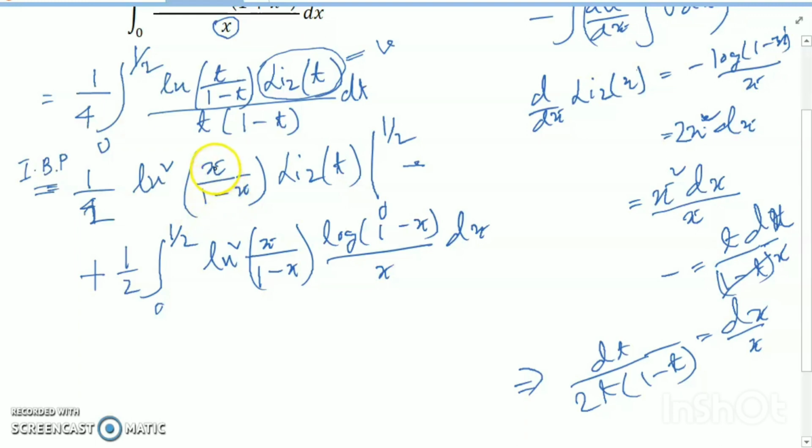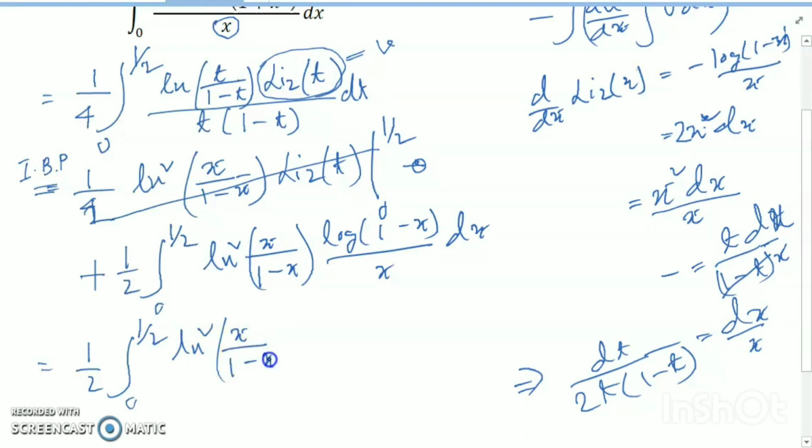So it is 0 if I put in the upper limit. So I get half into the integral from 0 to half of ln square x divided by 1 minus x into log(1 minus x) divided by x dx. Okay friends, very clear, very easy.